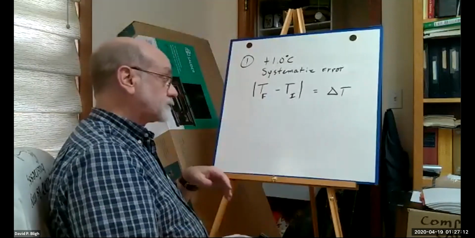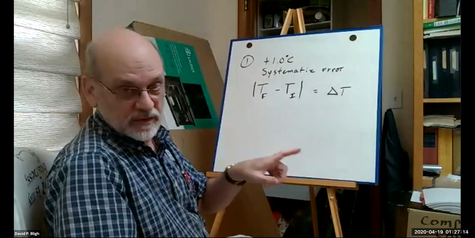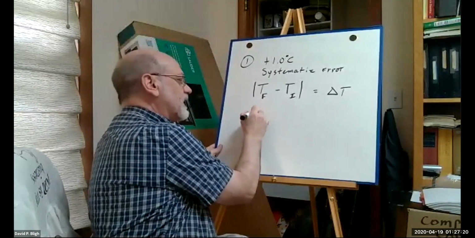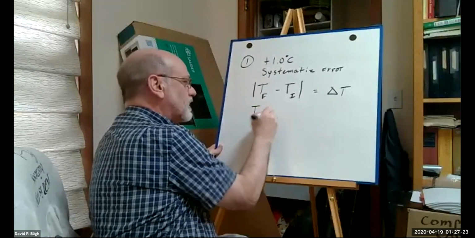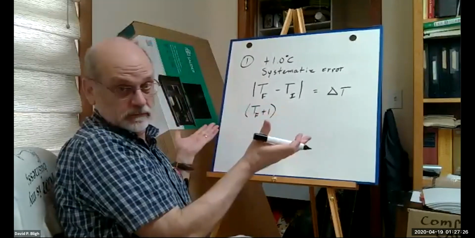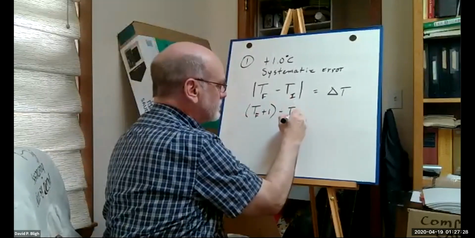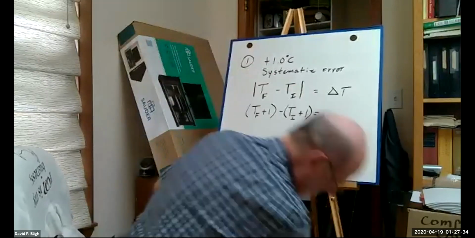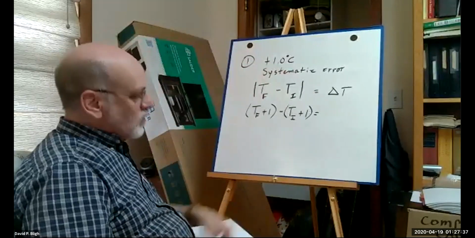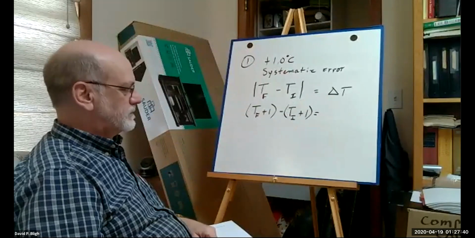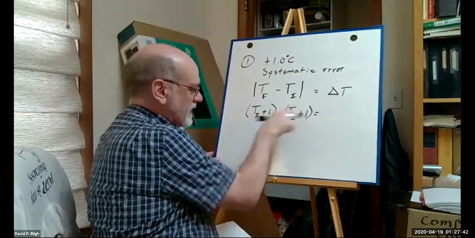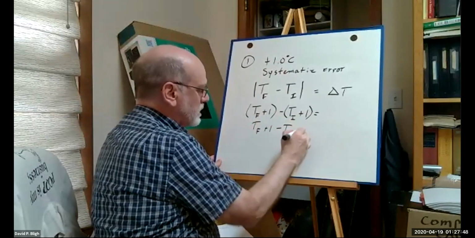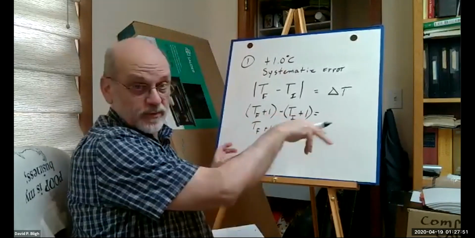Okay. What if each one of these is wrong by 1 degree high? What would that look like? Well, if this is the true temperature, then the one that you get is going to be this one plus that one, 1 degree. And this one is going to be that plus 1 degree. All right? What does that do to this value? Well, look what it does. This minus that, this plus that, minus this, minus that. Minus propagates through the parentheses.